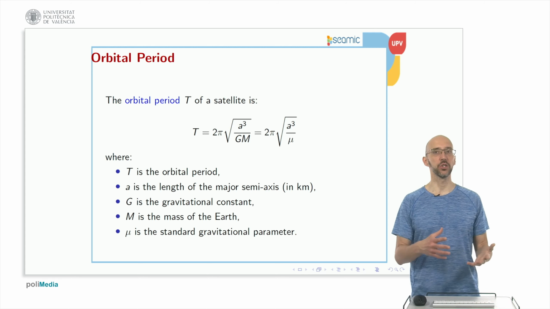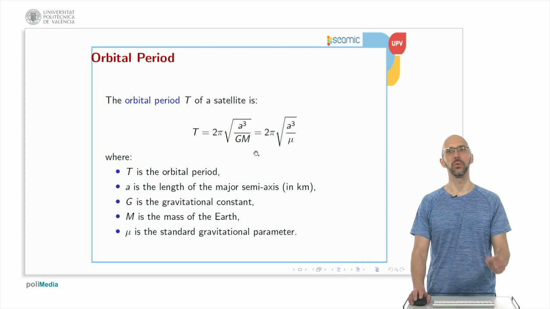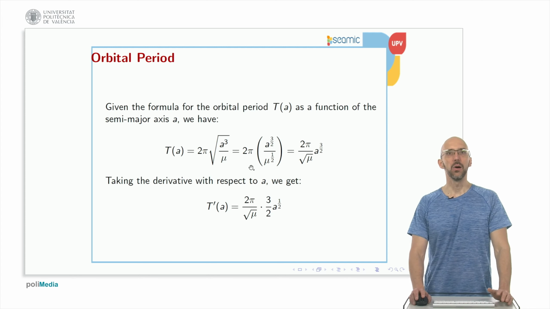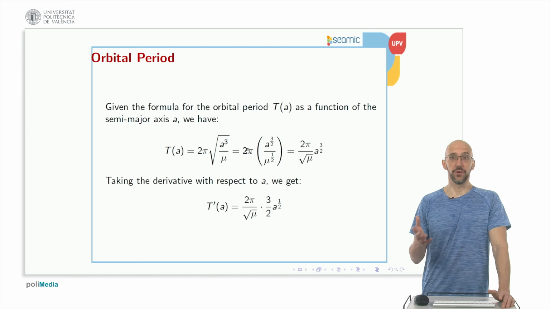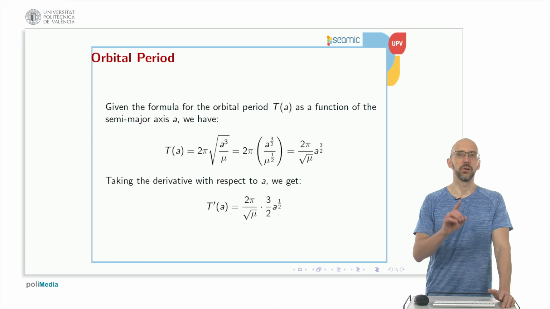So let's study this function a little bit, and then we will see some examples. First, if we want to know if this function is increasing or decreasing, we are going to use the first derivative of the function. Let's highlight that I just wrote T as a function of a, and this is where the mathematical part comes from.